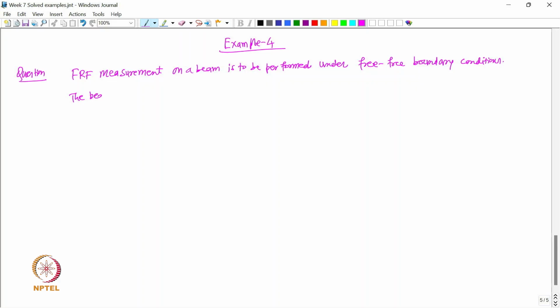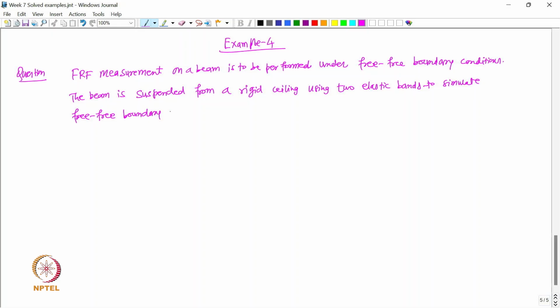The beam is suspended from a rigid ceiling using two elastic bands to simulate free boundary conditions.